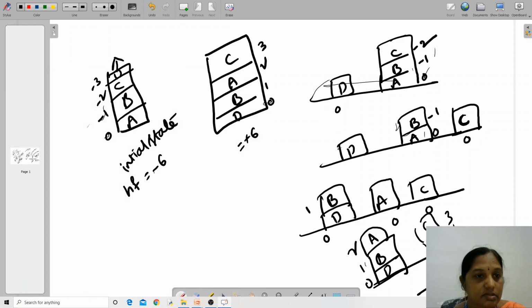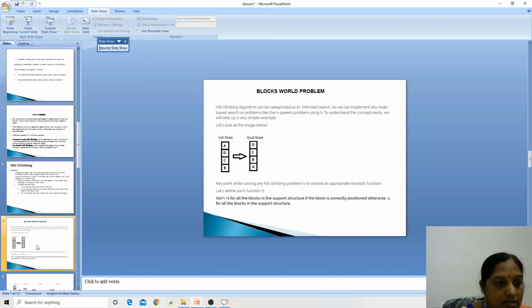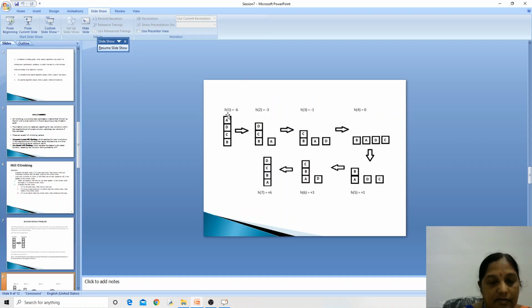Okay, understood this one? Next, this is the problem we explained. You can see the heuristic function is equal to -6. Why -6? 0, -1, -2, -3. That's why -6. So first I am keeping A on the floor, and the rest of the values I am keeping.